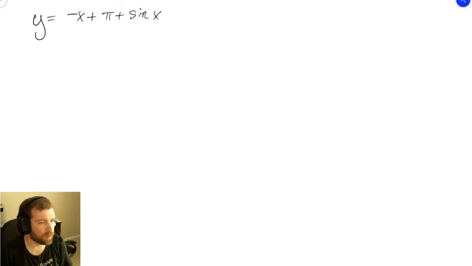It's not really going to matter, but it'll be slightly easier. Let's just take a look at how interesting this thing is first and see if I care. Yeah, that'll work. Let's make it 2 pi. Alright, so y equals negative x plus 2 pi plus sine of x.